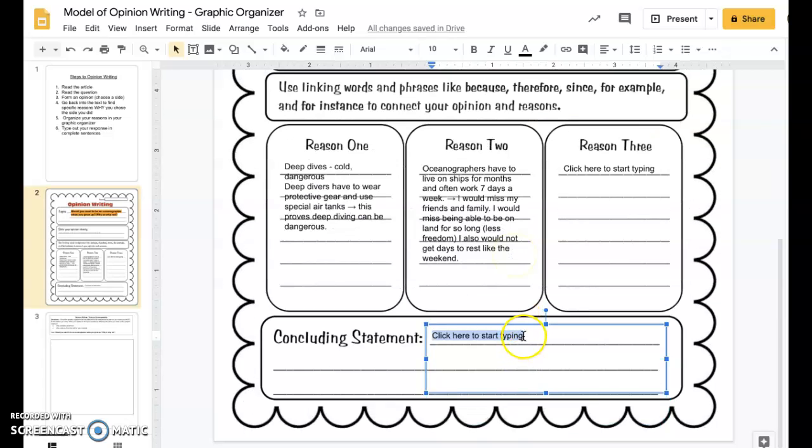So I'm going to write in my conclusion sentences, these are the reasons I would not want to be an oceanographer when I grow up. So I'm restating my opinion and telling you that the reasons I said above, that's why.